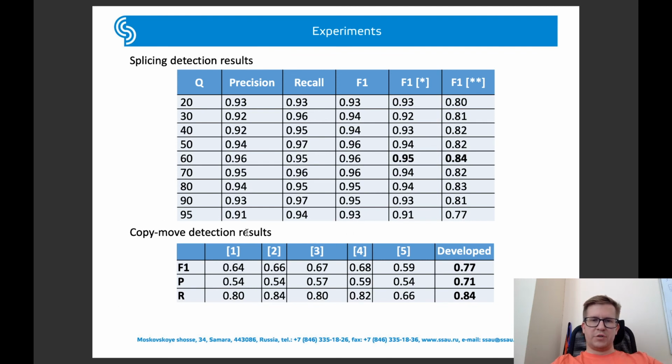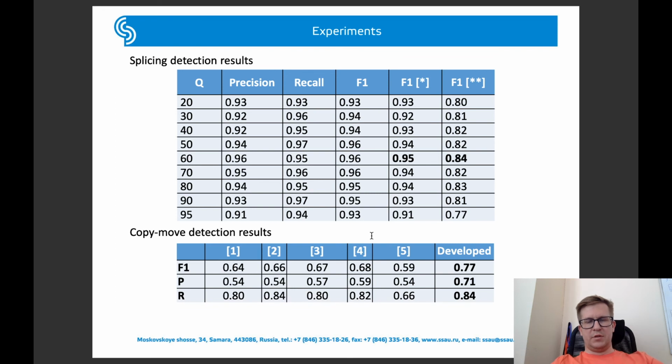For Copymove detection results, you can see that the developed approach based on calculation of local features in a sliding window using a deep convolutional network provides better results using the F1 score metric, and precision and recall values are also higher for most of the parts.